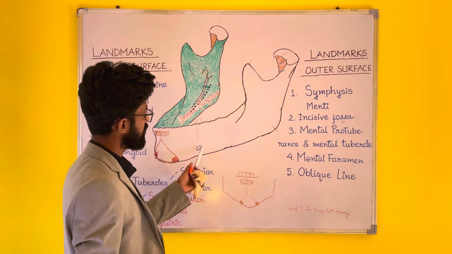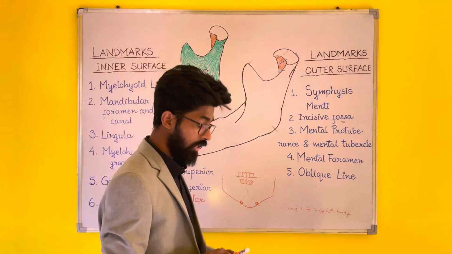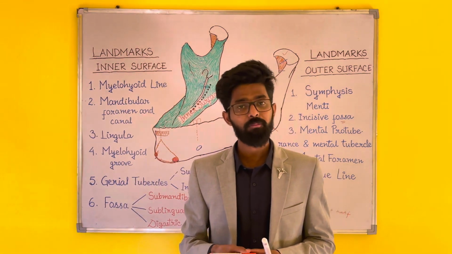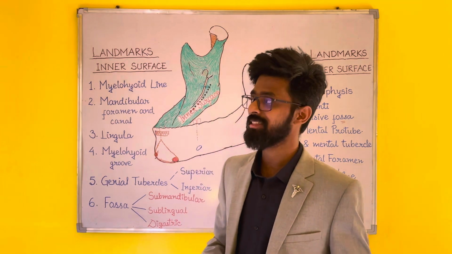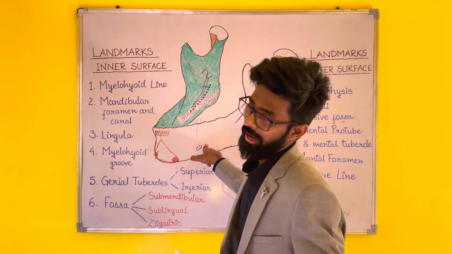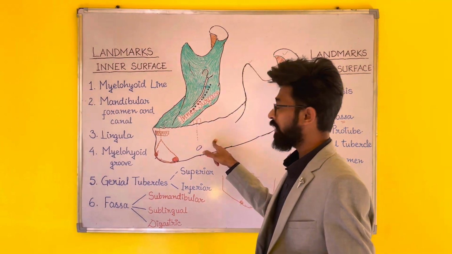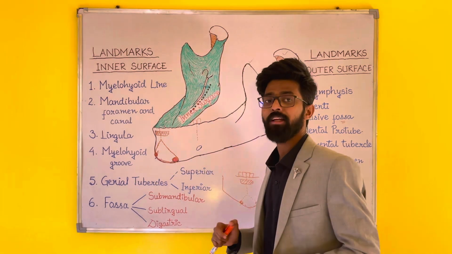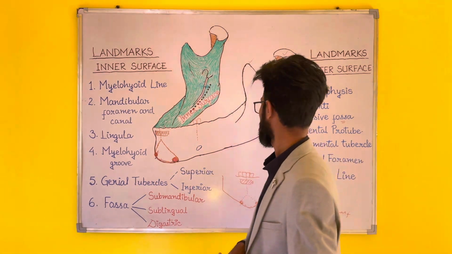The mental foramen has a very important clinical significance: its position changes according to age. So if we want to study the age changes in the mandible, then the location of the mental foramen is very important, right?